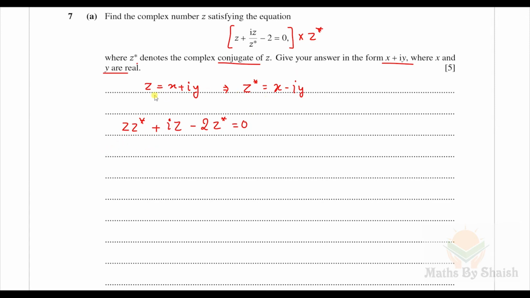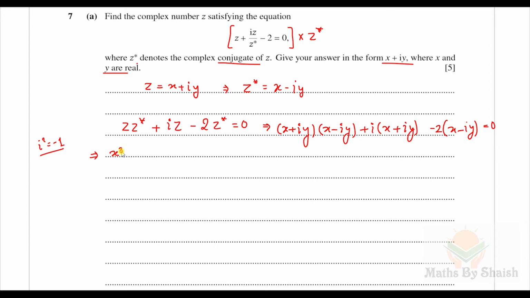Now we will replace these values here, and we will get x plus iota y into x minus iota y plus iota times x plus iota y minus 2 times x minus iota y is equal to 0. So let's simplify it, and we know that iota square is equal to minus 1, that is what we are going to use, and simple algebra.